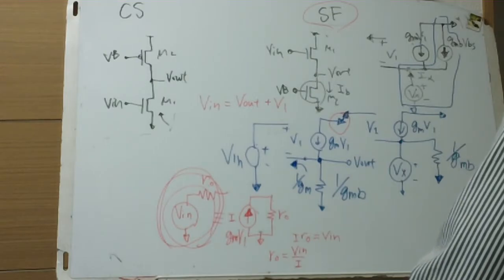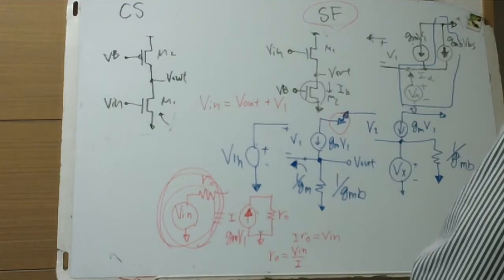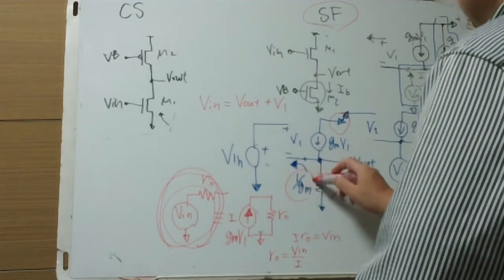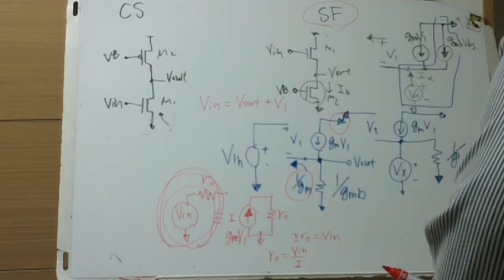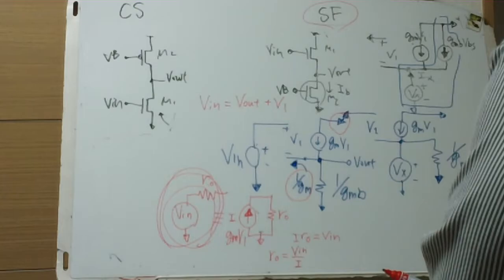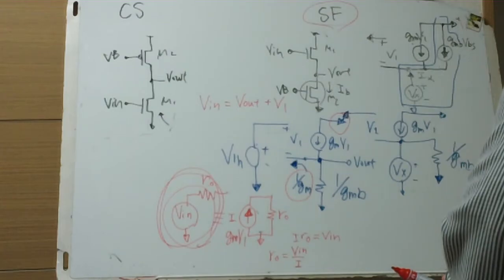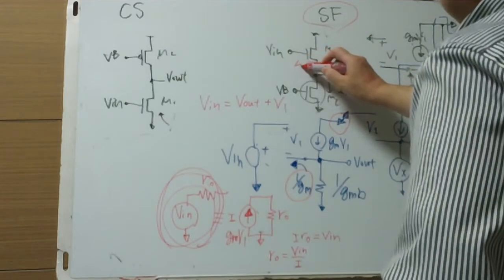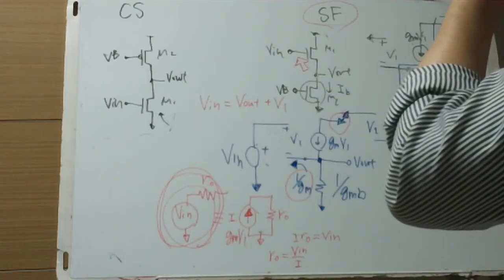But the resistance looking into V out, looking into the source, is 1 over Gm. Looking from here, 1 over Gm when V in is shorted.